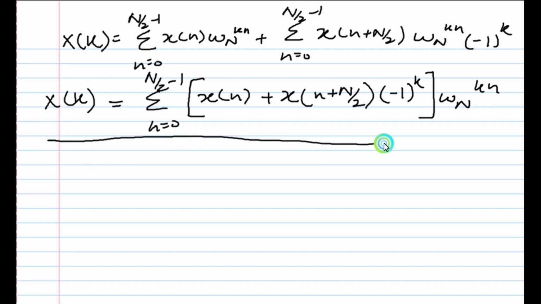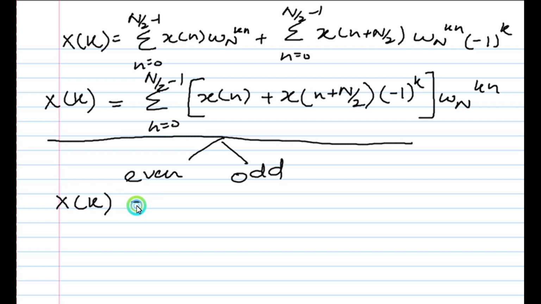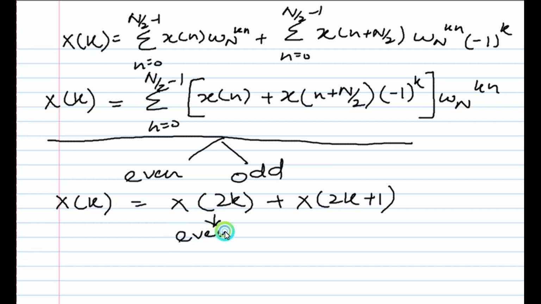So I will have x of k equivalent to x of 2k for even, and x of 2k plus 1 for odd. So this is my even samples, and this is my odd samples.